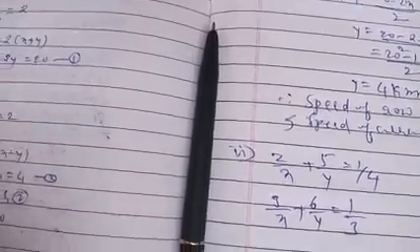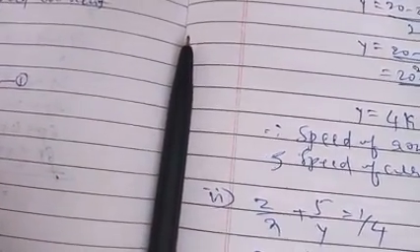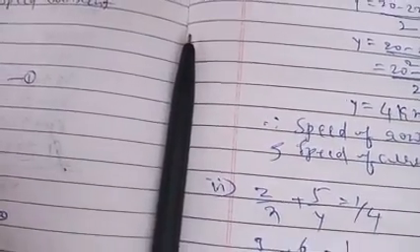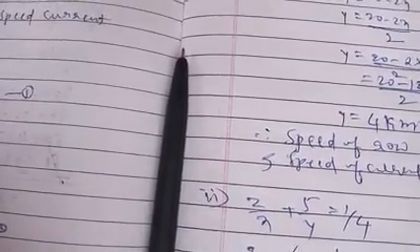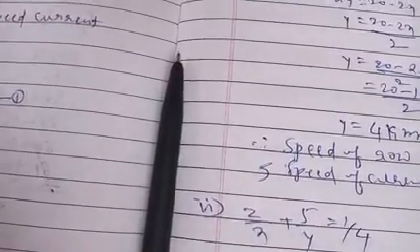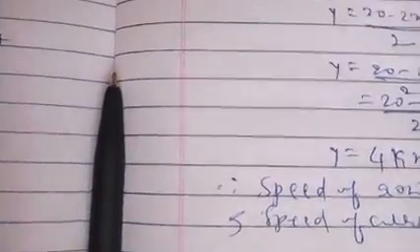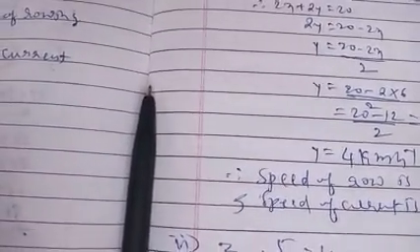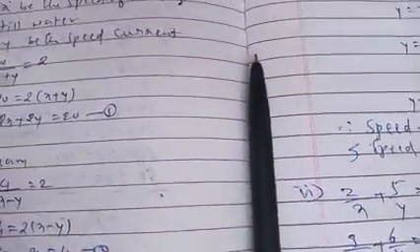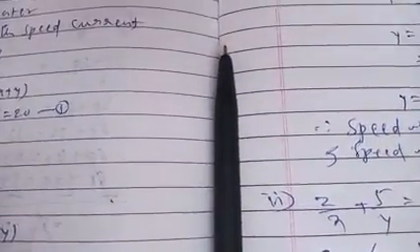Let x be the speed of the train in kilometers per hour and y be the speed of the bus in kilometers per hour. Therefore, 60 divided by x plus 240 divided by y equals 4 hours. This is the first expression. You have to reduce it into linear form.